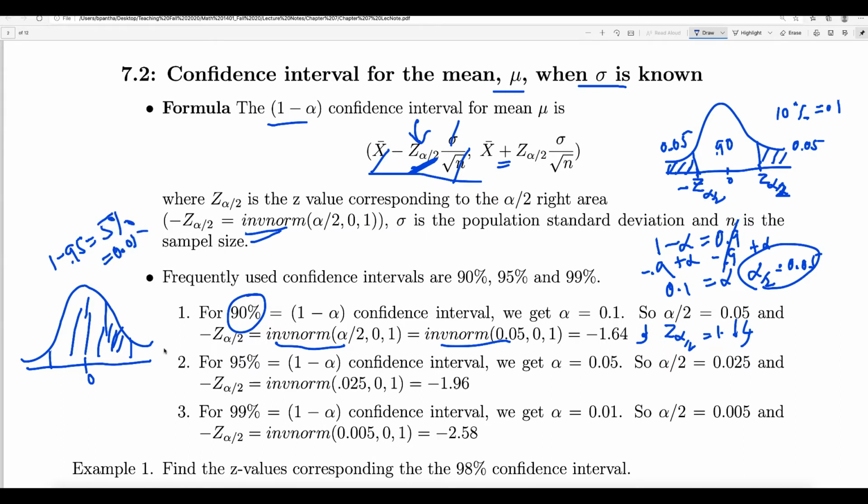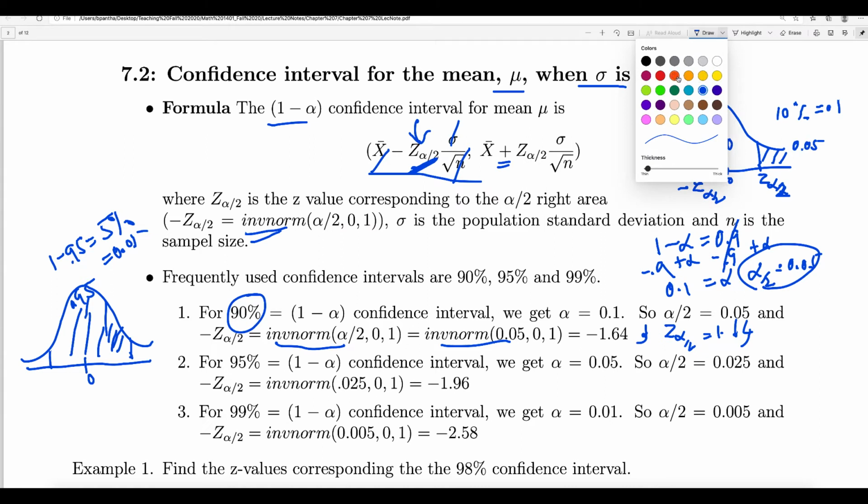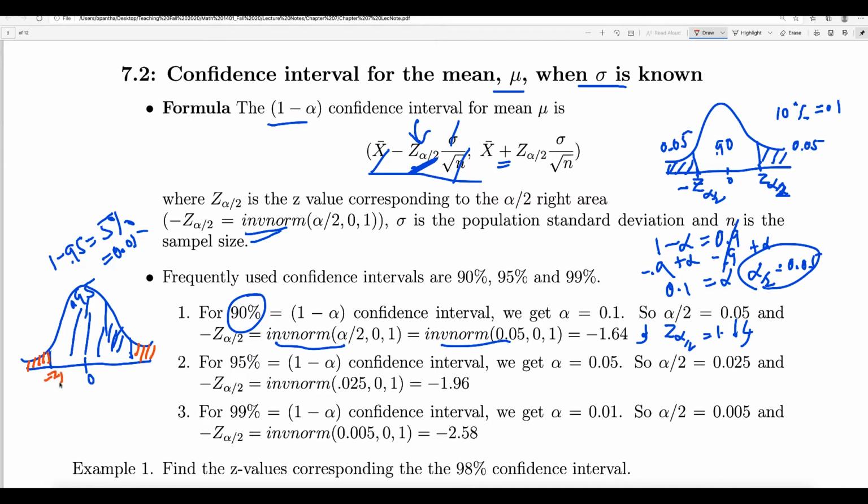So the outside area, this red area, totals 5%. This is negative g alpha half, and this is positive g alpha half.